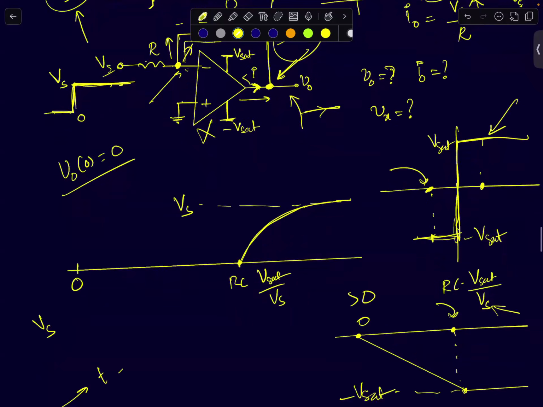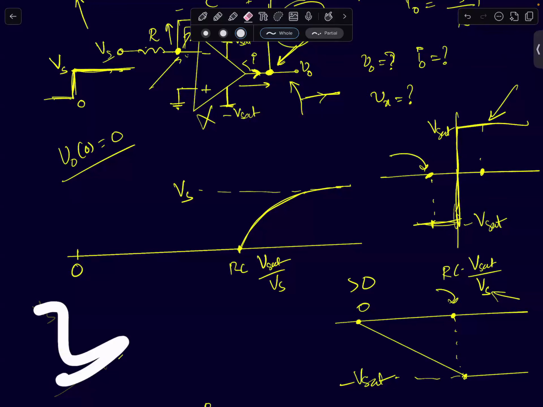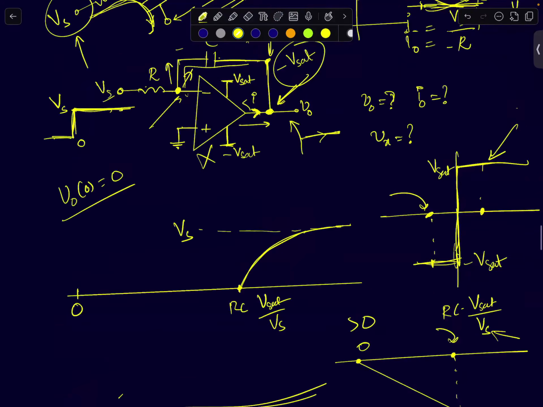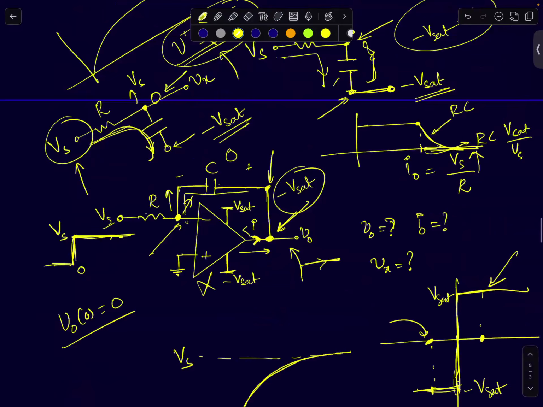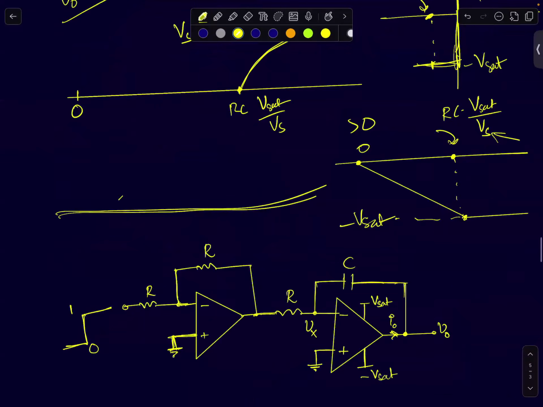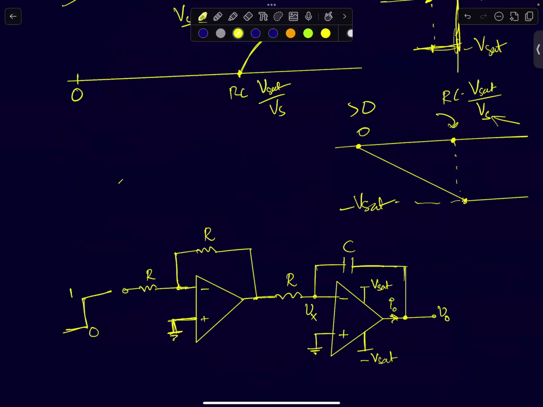And the current that the opamp is supplying, probably I should draw a different sign. Since I've shown the current in this direction, it should be negative polarity. So let me show it this way. If I draw from t equal to 0, this is time.